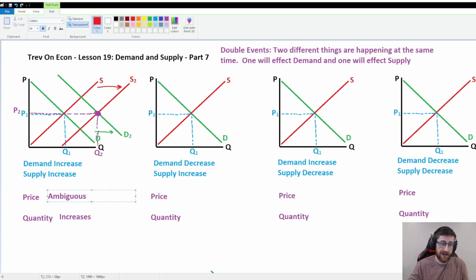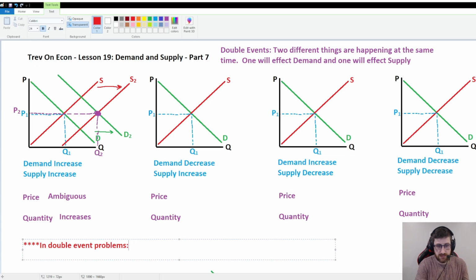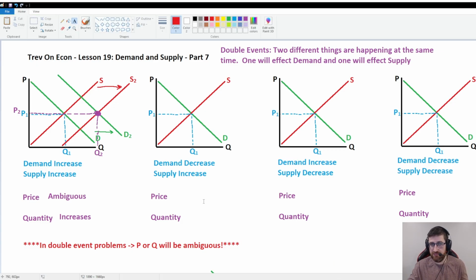Okay. Now, big star point. In double event problems, P or Q will be ambiguous. Okay. You will always have one of the two things be ambiguous in a two movement problem.